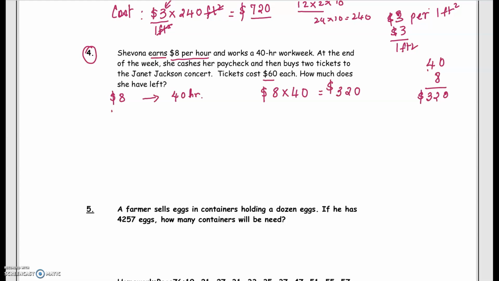Another way of thinking about this, and this is something that you will come across in a math class in the future: $8 per 1 hour is always divided by 1 hour, times 40 hours.